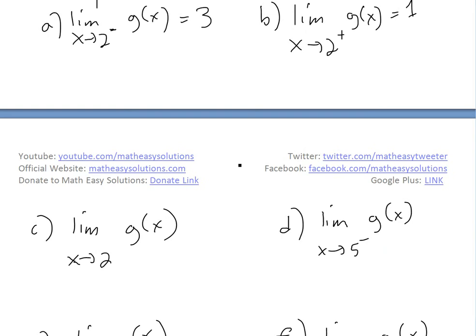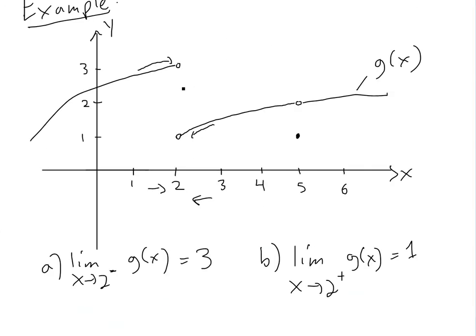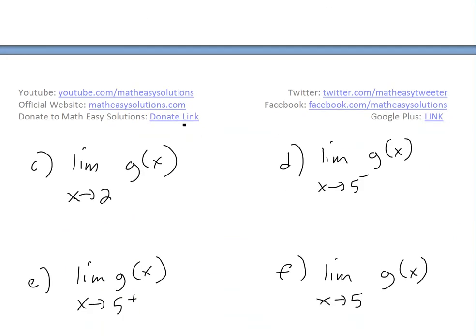Now part C asks: what is the limit as x approaches 2 in general? Well, the values are different, so there is no limit. This does not exist, because approaching from different sides, you get different values.